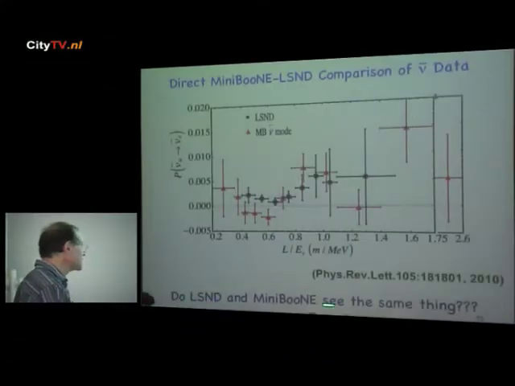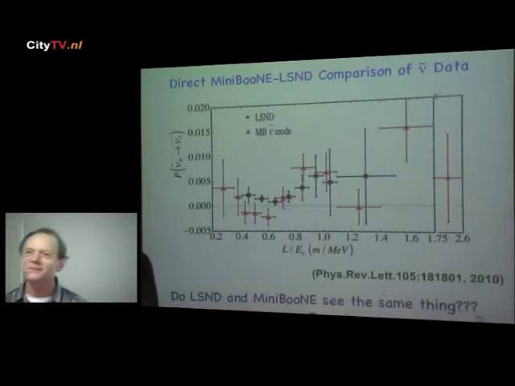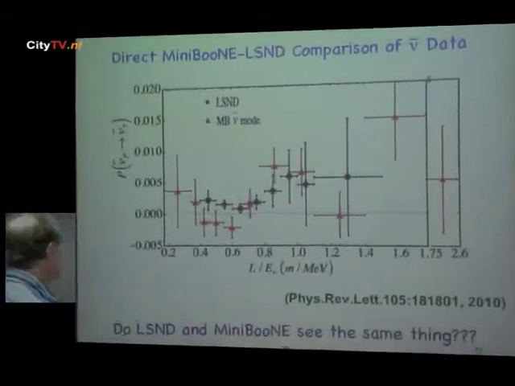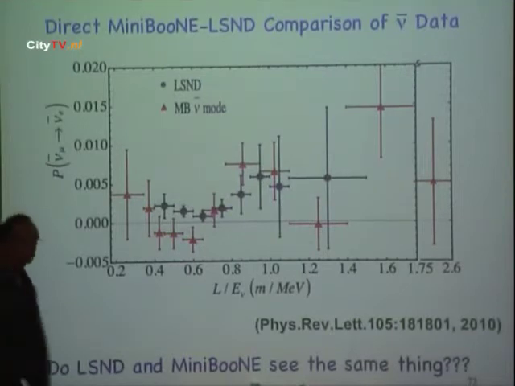So do LSND and MiniBooNE see a genuine oscillation, the same oscillation as each other? I don't know. Can you take the oscillation length change directly from this? There are pretty big errors.